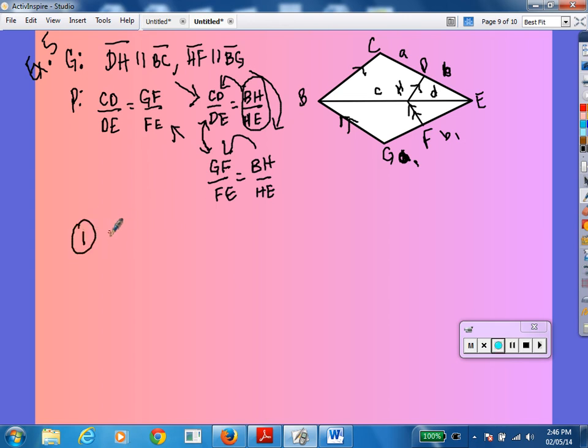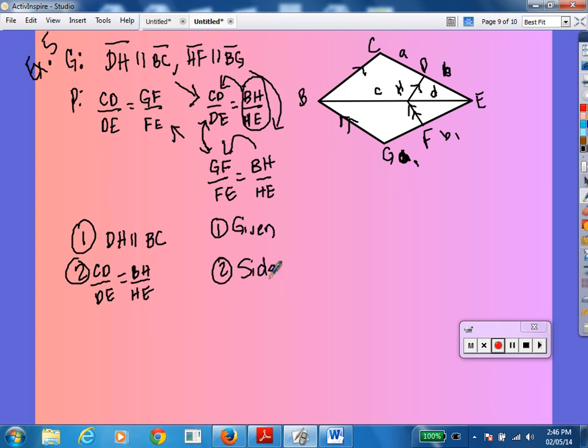So we can say our first statement that DH is parallel to BC, and that's a given. And then number 2 would be our CD over DE equal to BH over HE. And that's side splitter again.